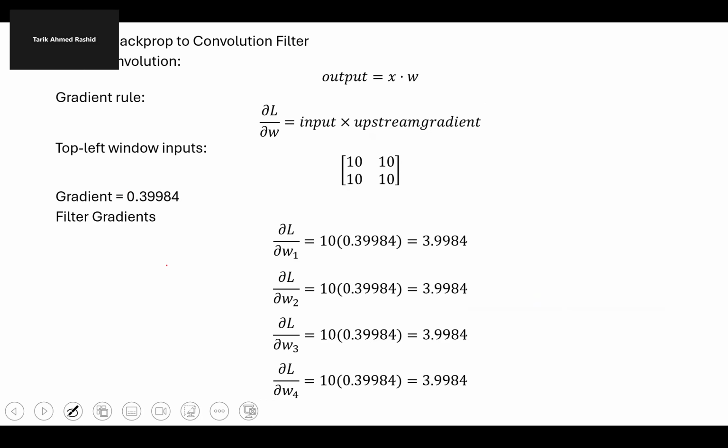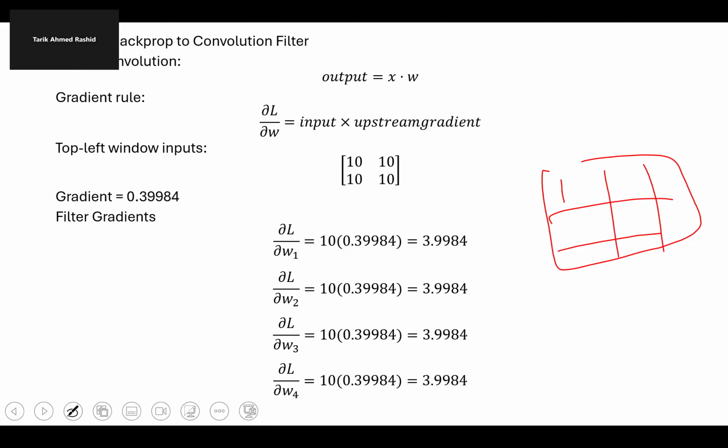Now, because we have input image, we need to get delta L over delta W at the input layer, at the convolutional filter.